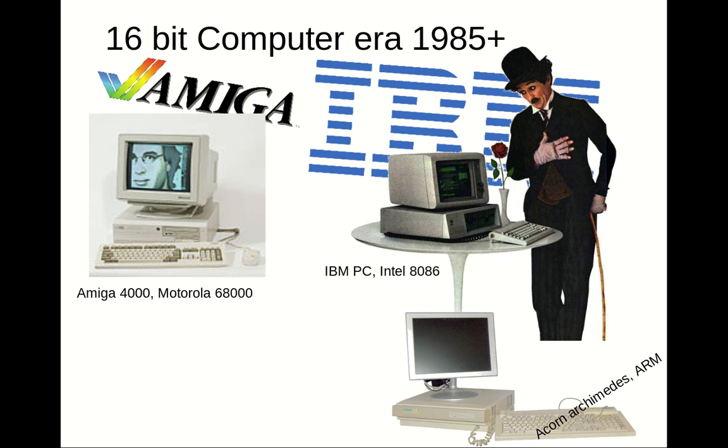Also, maybe what is not depicted here, we should also mention Apple's first Apple Lisa and then Apple Macintosh. They had also the 68000 microprocessor from Motorola. Also, there was an Atari 16-bit computer, or a whole series of these computers, that also holds the Motorola 68000.